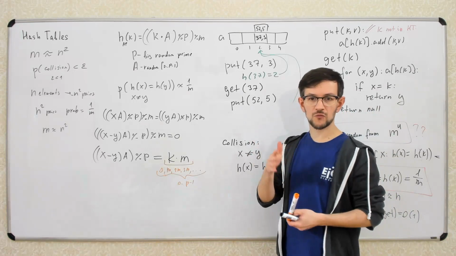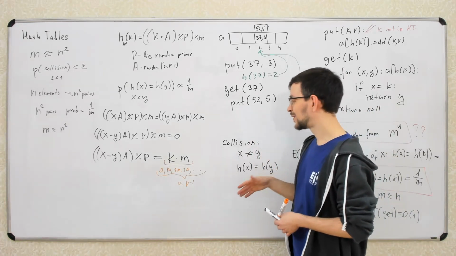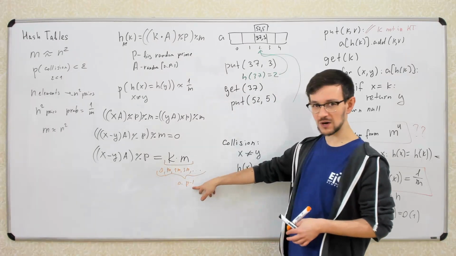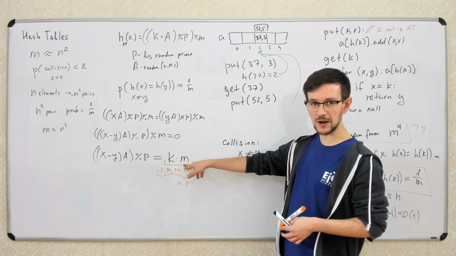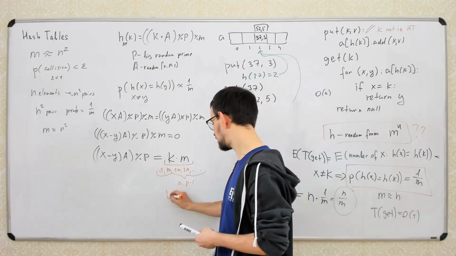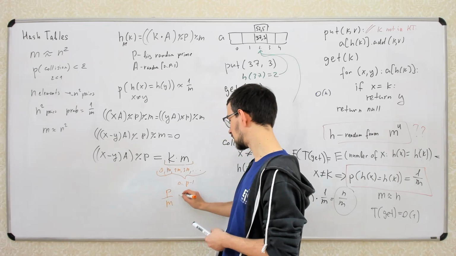How many numbers are in the range from 0 to P minus 1 and are divisible by M? Basically, there are P over M possible numbers.